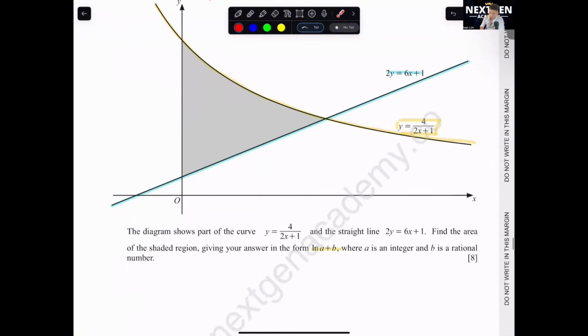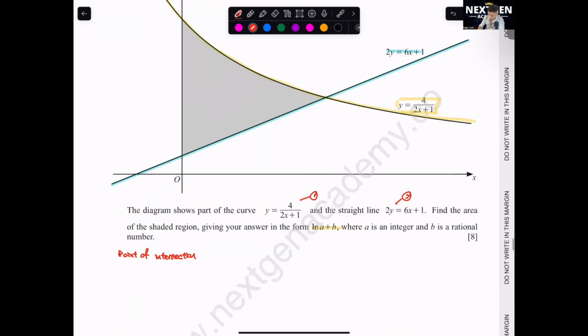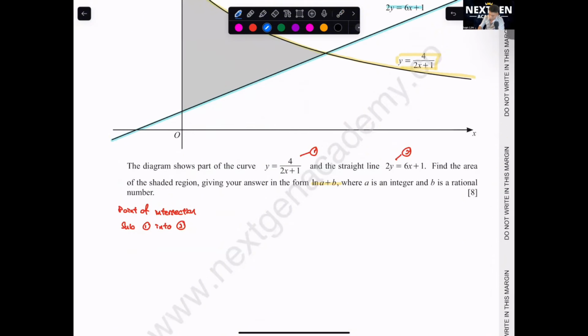To do point of intersection, we'll do a simultaneous equation. Equation 1, equation 2. So we can sub equation 1 into equation 2. We'll do 2y, so 2 bracket 4 over 2x plus 1 equals to 6x plus 1.